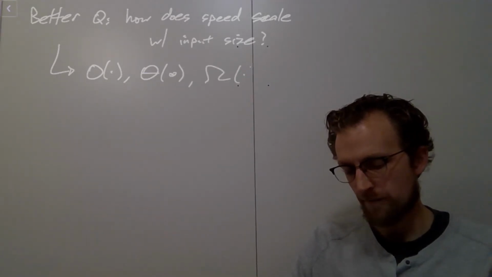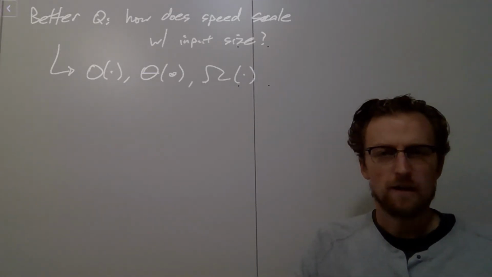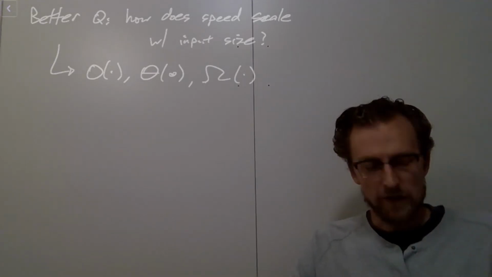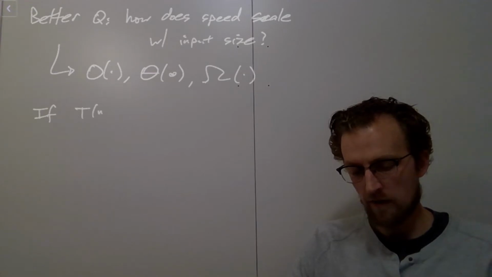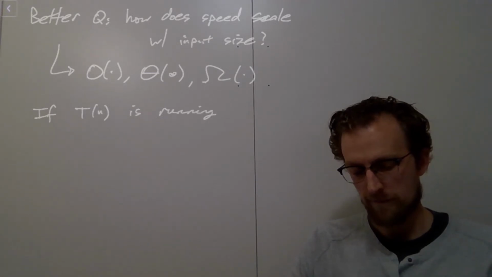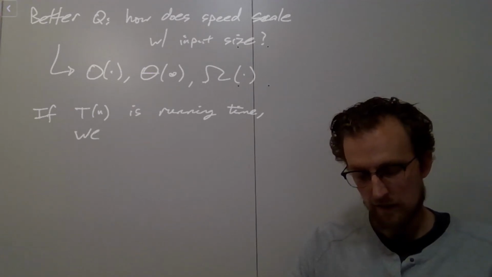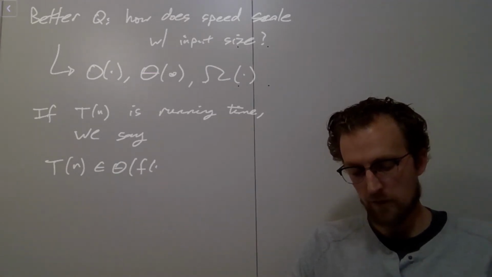All right. And one of the ways you can think of this is that big theta tells us something about the shape of the running time of an algorithm. So if I write T of n to be the running time, we say something like T of n is in big theta of some other function, f of n.